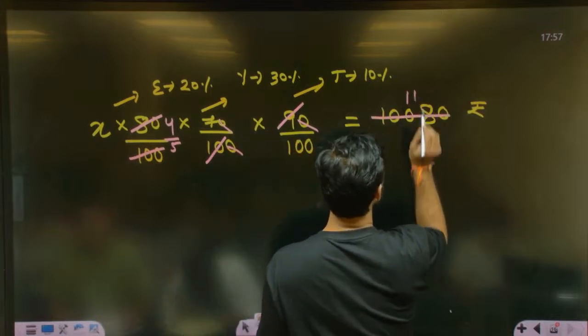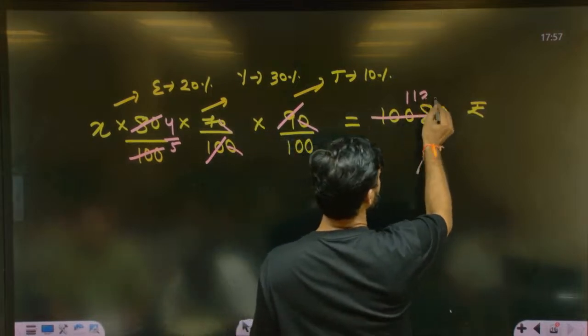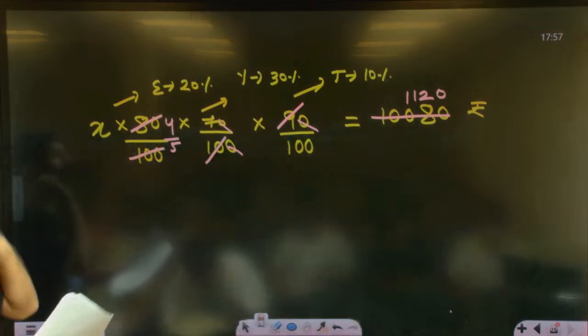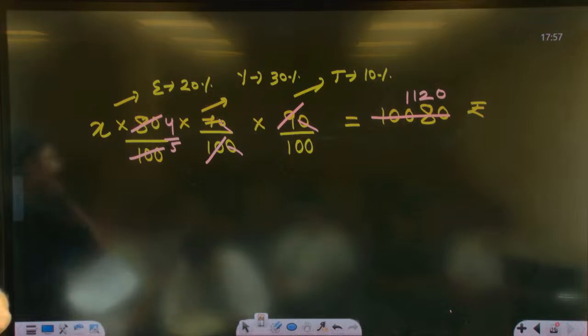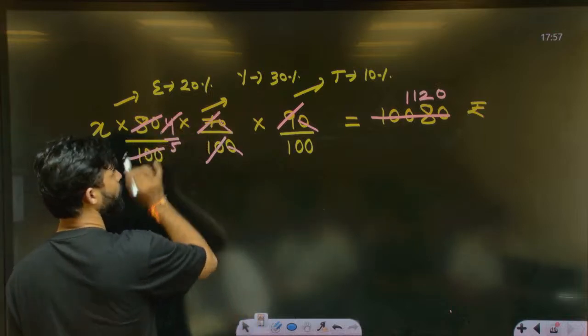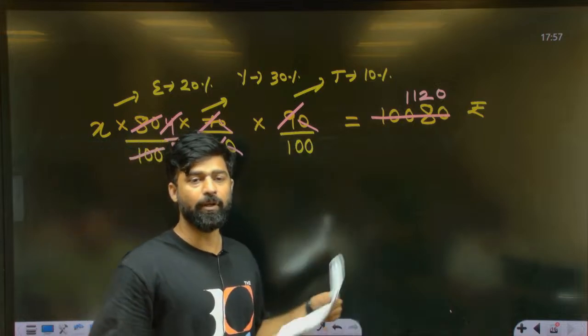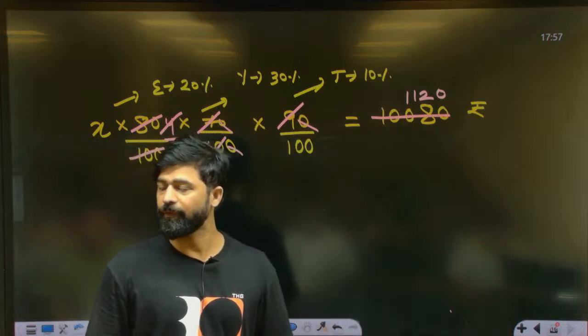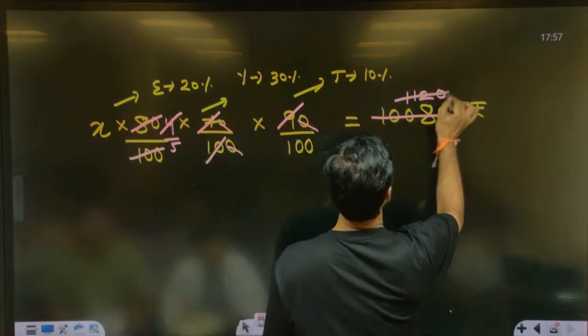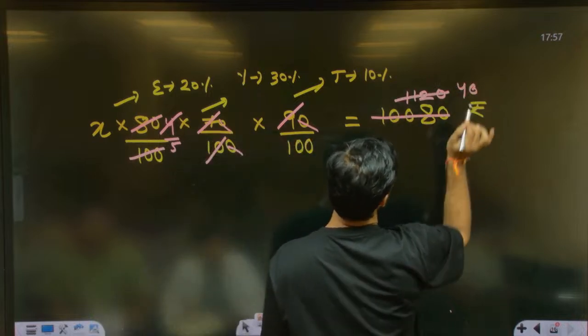This is 1, 9 into 2 is 18, so we are getting 1120. Any problem in this? Now we have two other numbers, like 7 into 4, that is 28. The double of 28 is 56, and the double of 56 is 112. So I can divide the 28 directly like 4, and a 0 was left, so put the 0.